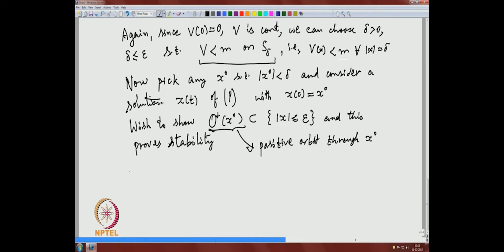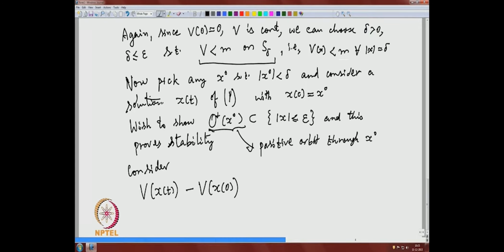Okay. For this, consider V of x of t. So, now we are bringing in V. You compose the solution x with this real valued function V, the Lyapunov function V. So, you get another function from the real line into the real line.